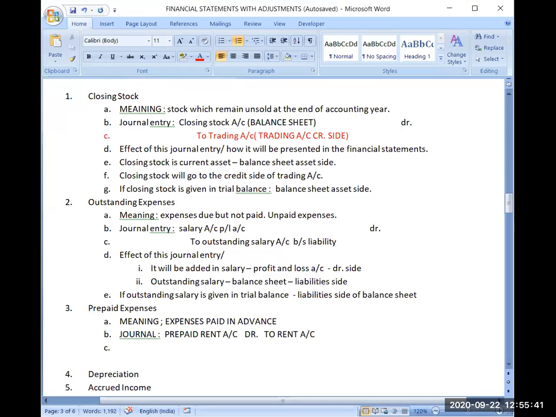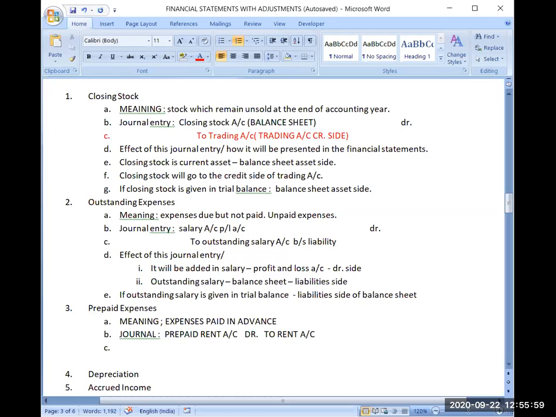That will be the entry because I have paid rent at some earlier time, and now out of that rent, some rent has become payment in advance. So that's why I am doing this entry, prepaid rent account debit to rent account.